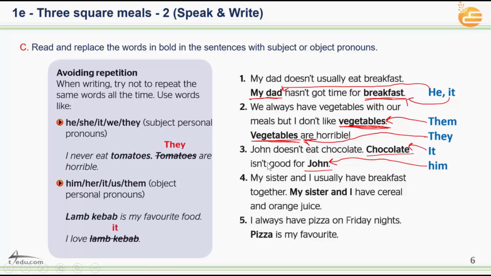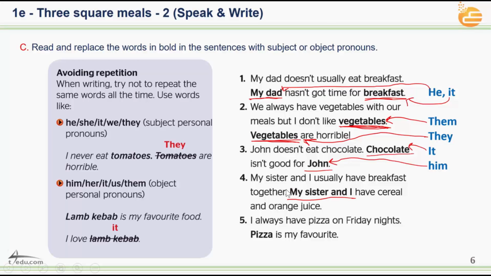Again, Joan doesn't eat chocolate. It isn't good for him. Number four, my sister and I usually have breakfast together. My sister and I, this is the repetition. My sister and I have cereal and orange juice. So what should we replace this one with? Can you see the full stop?